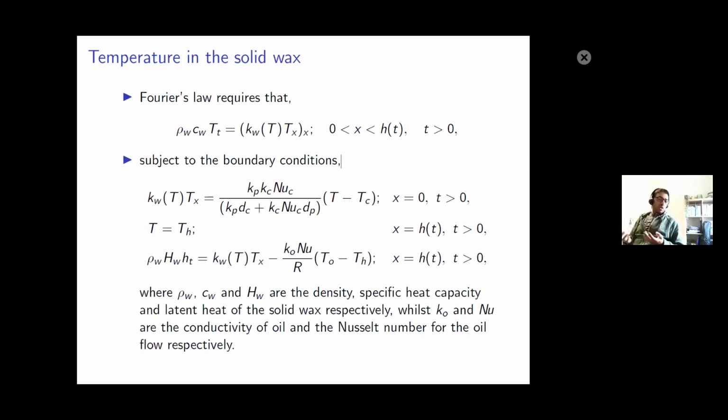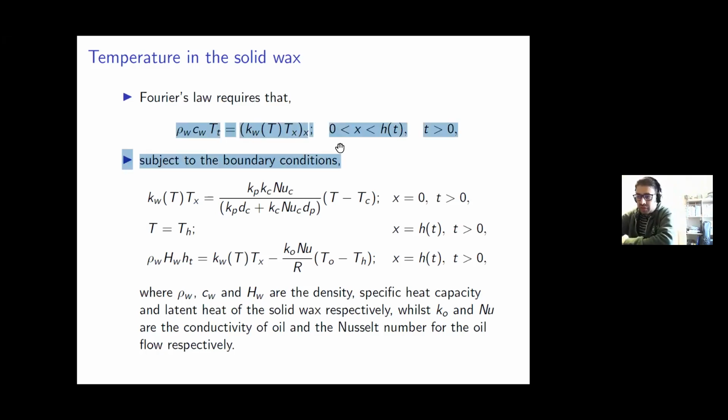So now we'll model the temperature profile in the solid wax layer. Again, we can use Fourier's law to define a heat equation for the evolution of the heat profile within the solid wax layer, via the same mechanism as before.